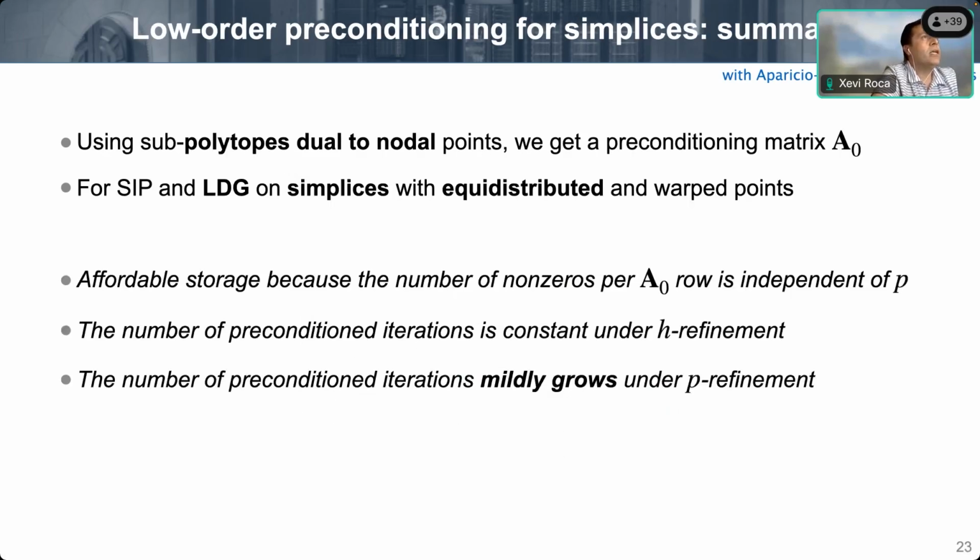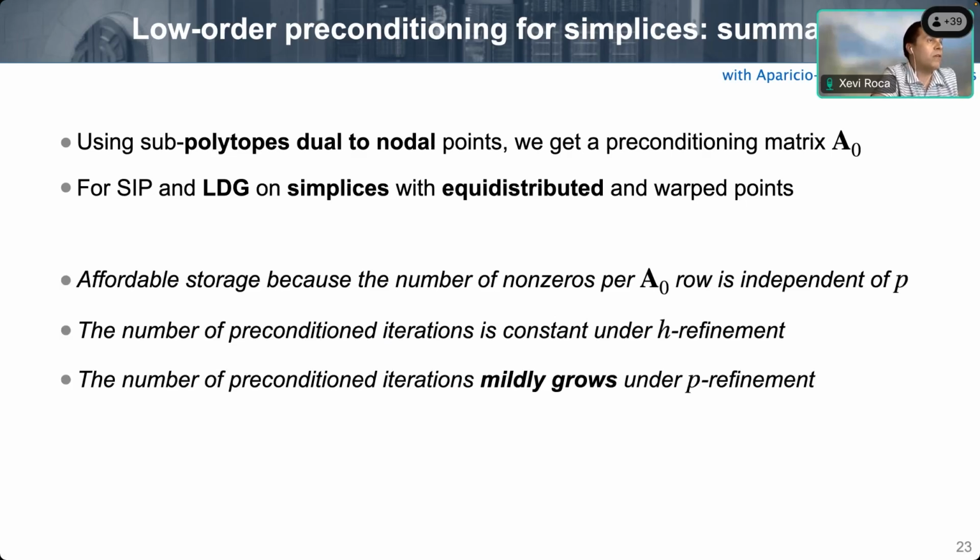Okay, so the summary is that we have this idea for low-order preconditioning for simplices, where we consider subpolytopes that come from a master mesh, okay, that are dual to the nodal points. In this manner, we get the preconditioning matrix of low order. We do it for symmetric interior penalty and local DG on simplices, for equidistributed and warped points.